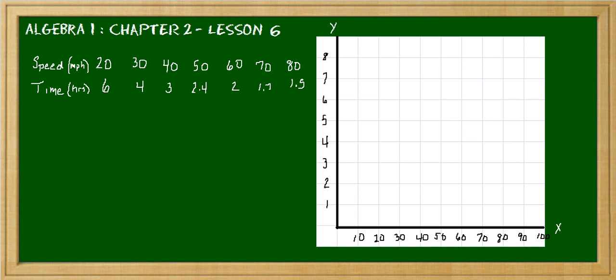Now let's see. For example, if the average speed changes from 30 to 60 miles per hour, which we showed, then the time the trip takes changes from 4 hours to 2 hours. If the speed were tripled, the time would be divided by 3. We could see that here as well with 20 and 60.